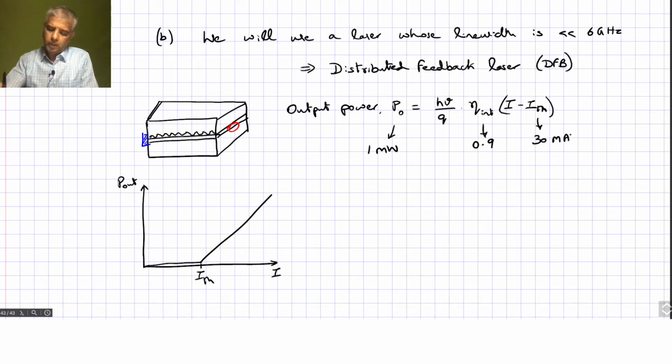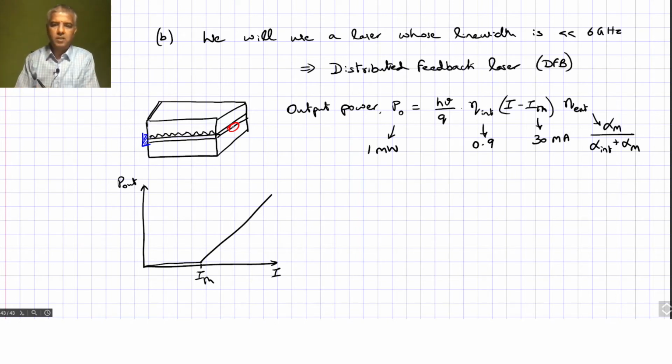That is the power generated within the cavity, but the fraction of power escaping from the cavity is given as eta external, which is given by the output mirror loss alpha m divided by the internal losses plus the total mirror losses, where this back mirror is almost 100% reflective, so we don't expect much loss there.